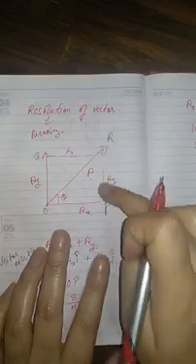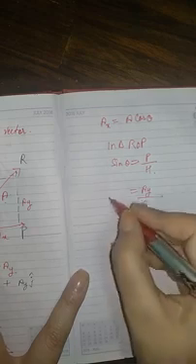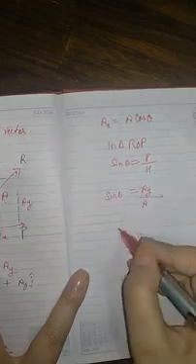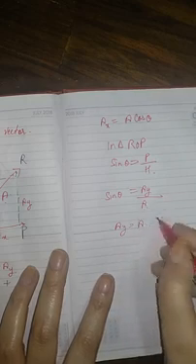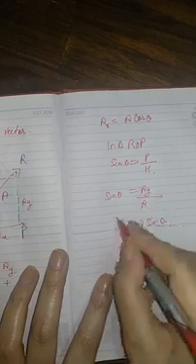Perpendicular is ay, hypotenuse is again a. So ay is equal to a sin theta. This is ay, this is ax.